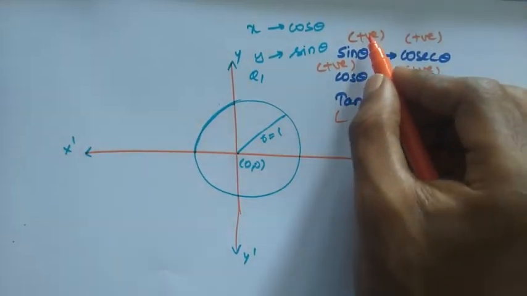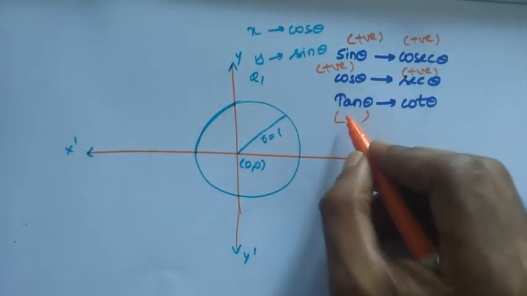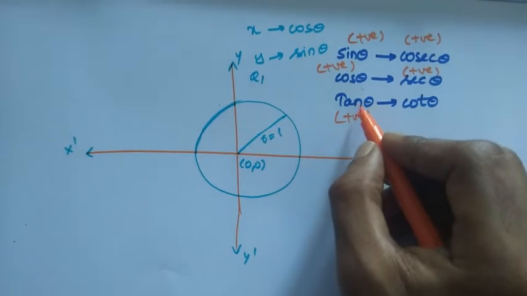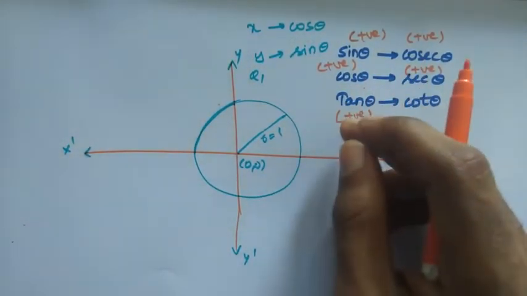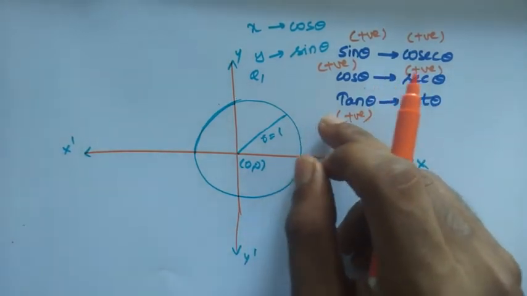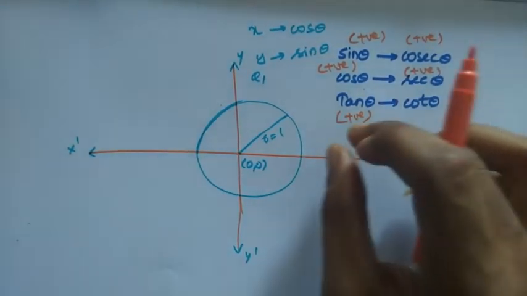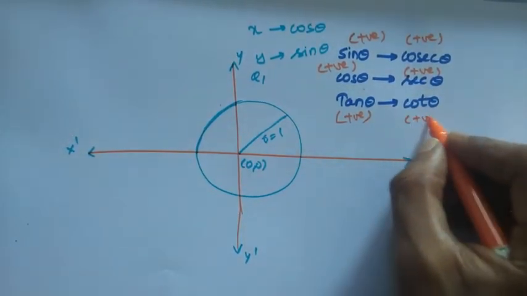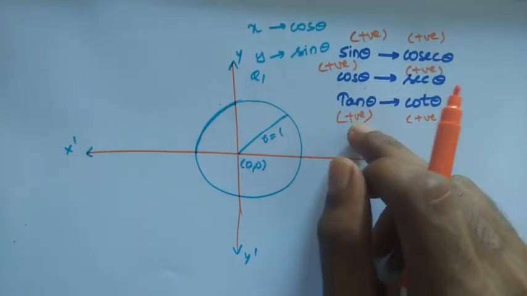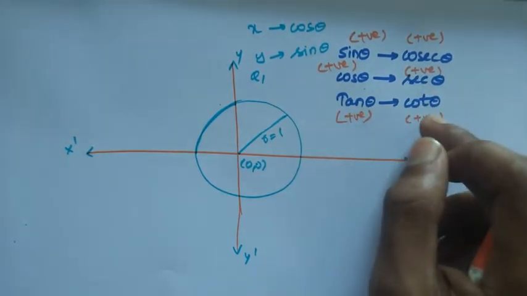That means a positive quantity over a positive quantity is again a positive quantity. That means tan is positive in first quadrant. If you want, you can check the table. Wherever I write tan values, they are all positive values. No negative value will be there. Also, cot is positive because tan theta is positive. Its reciprocal will also be positive.